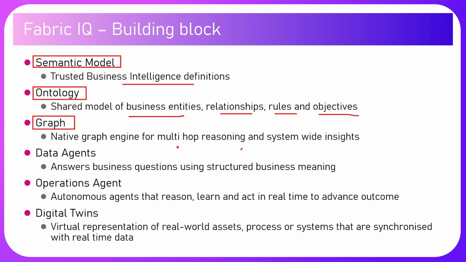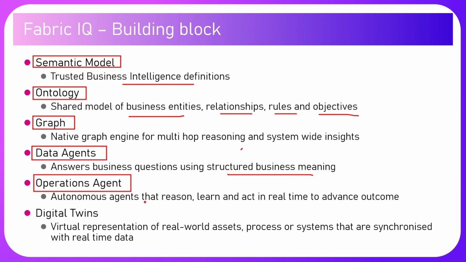The graph provides the relationship between different siloed entities. Then we have other agents like the data agents and the operations agents. Data agents answer business questions using structured business meaning, so it is all about deciphering information.